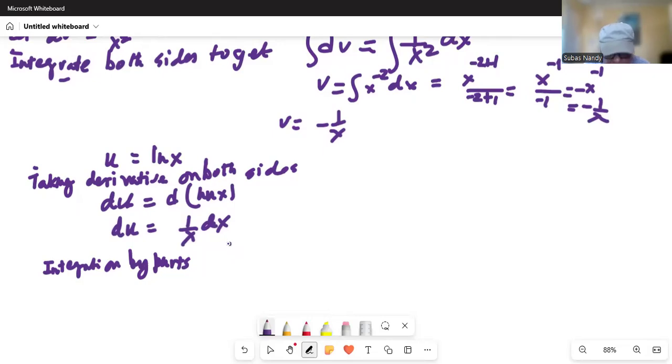Integration of u dv is equal to uv minus integration of v du.